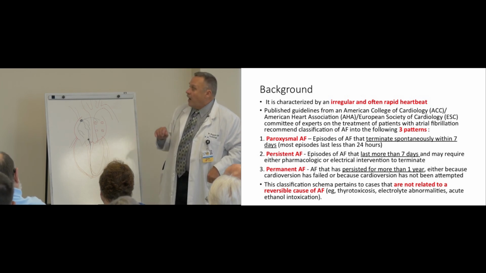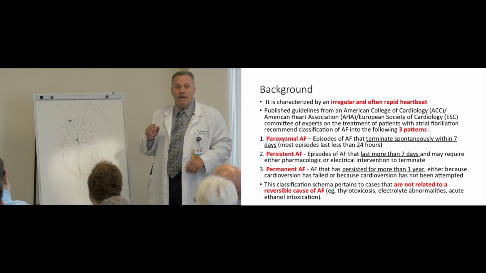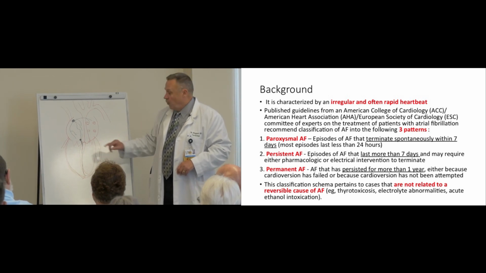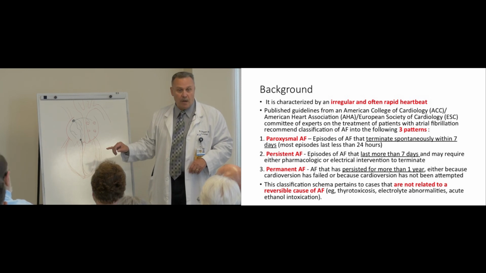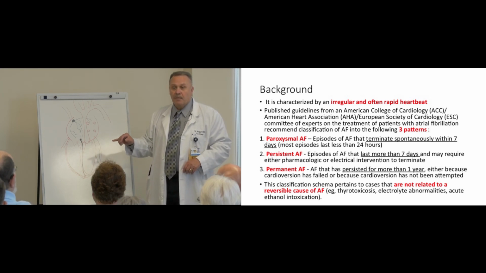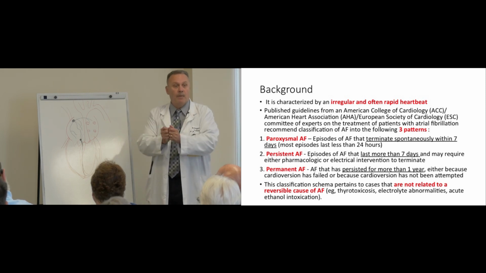So, atrial fibrillation is often a rapid, irregular heartbeat of the upper chambers, which then causes the bottom chambers to become irregular as well. And as the bottom becomes irregular, you don't get that cardiac output, you don't get the forward flow of blood.